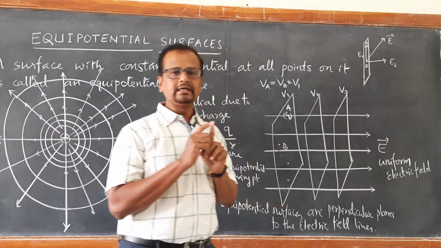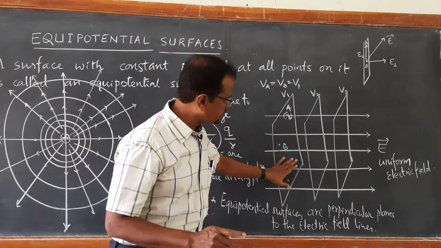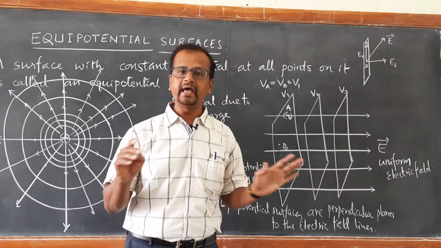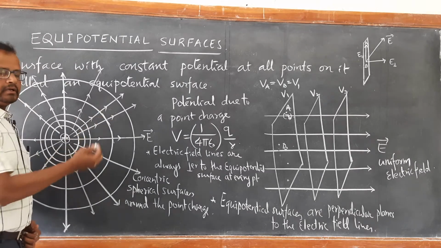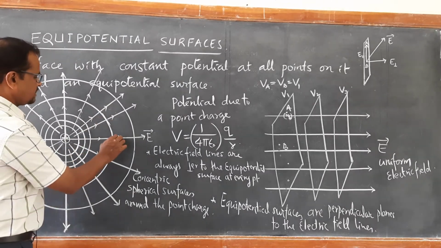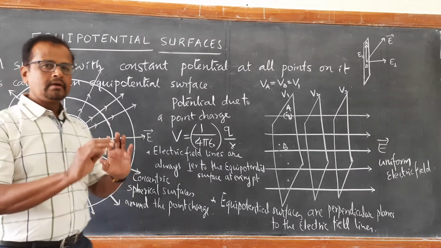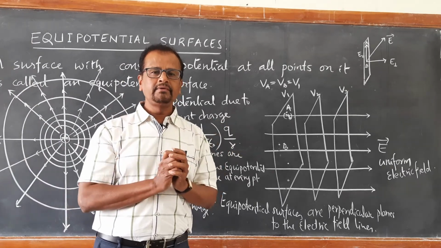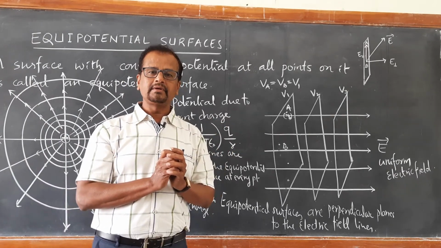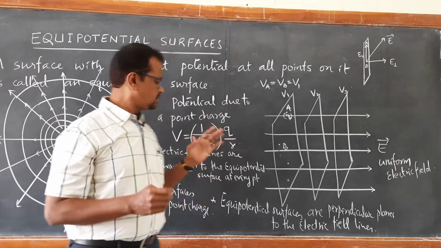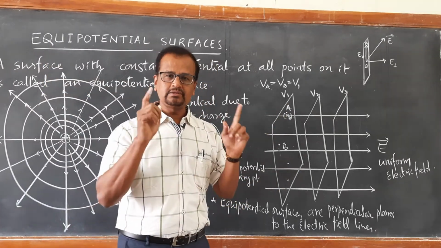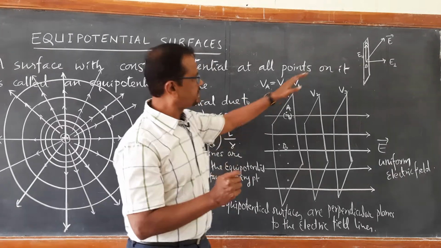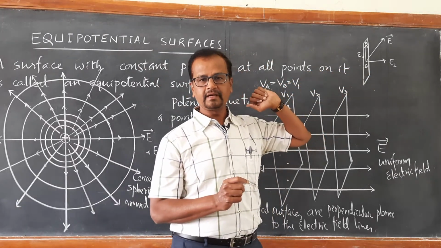Electric field doesn't have any component along the equipotential surface anywhere, whether it is uniform electric field or even radial electric field. It has only one component, that is perpendicular component, right?